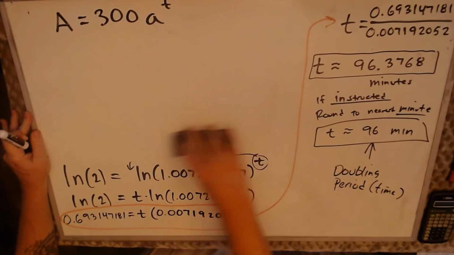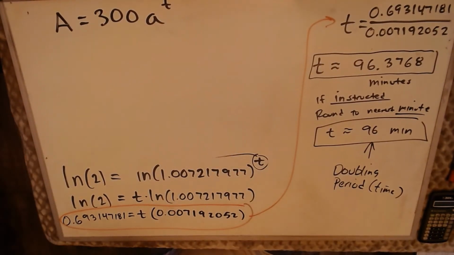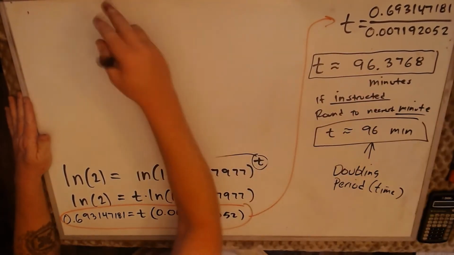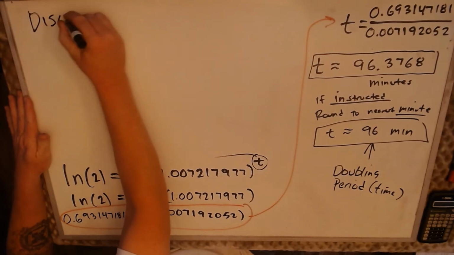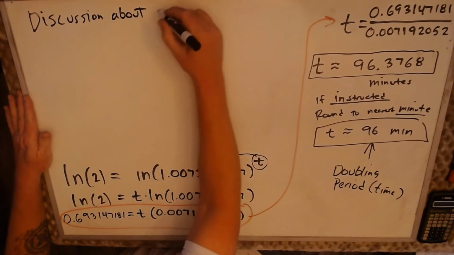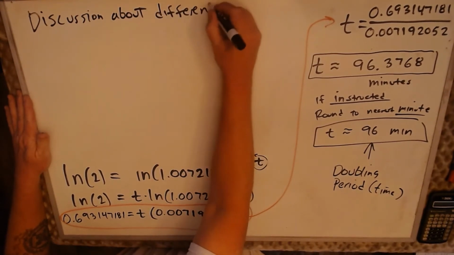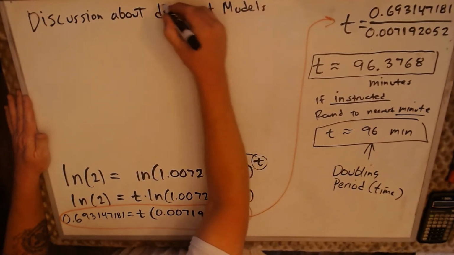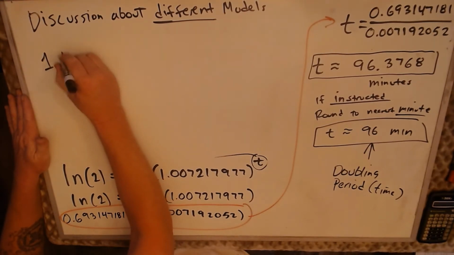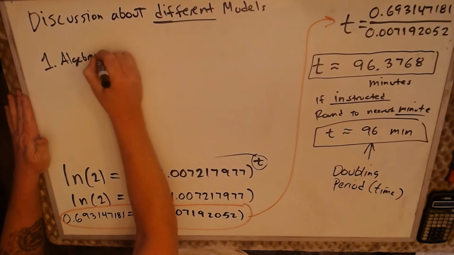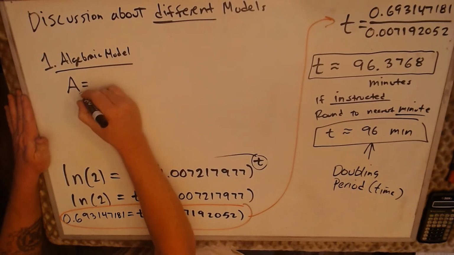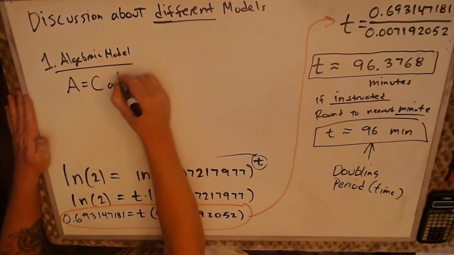Okay. So before we dispose of this, I want to make something clear, that we have different types of models here. So just a discussion about different models. The first one that we had was the sort of algebraic model. A equals C A^T.